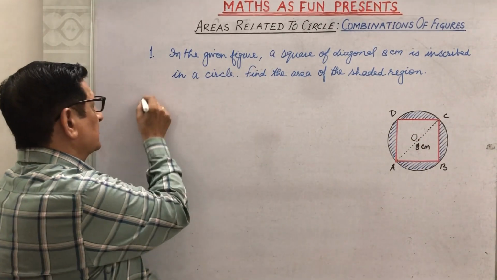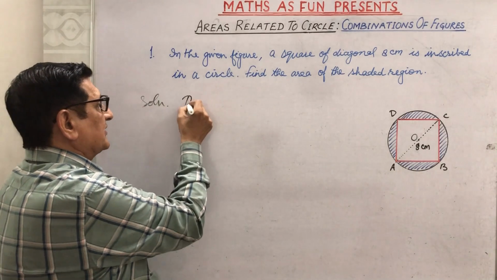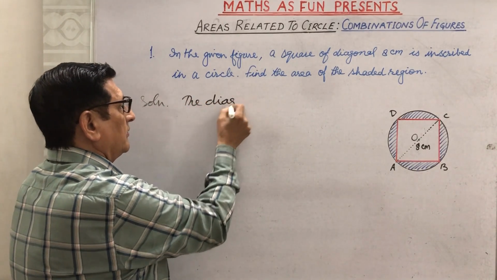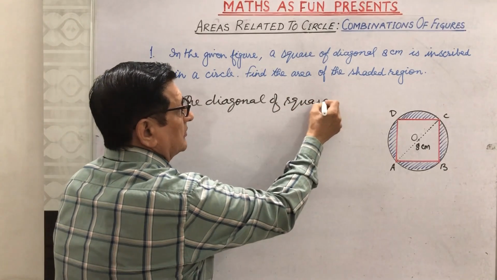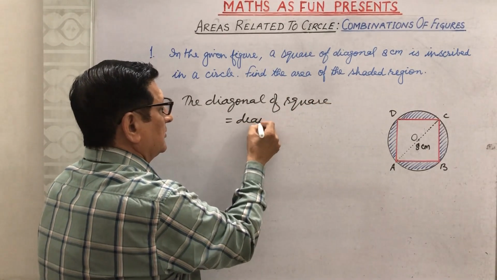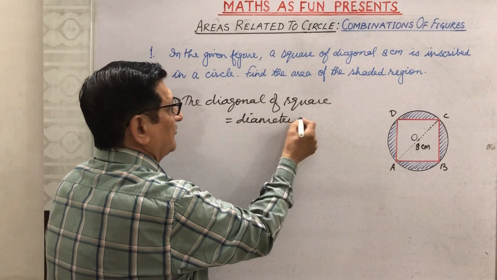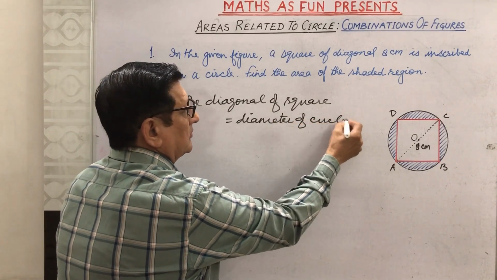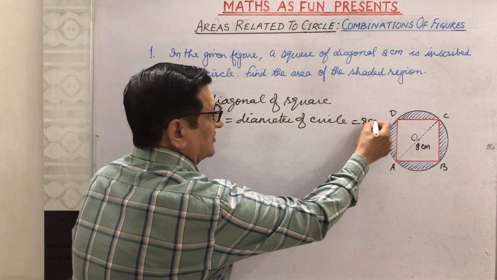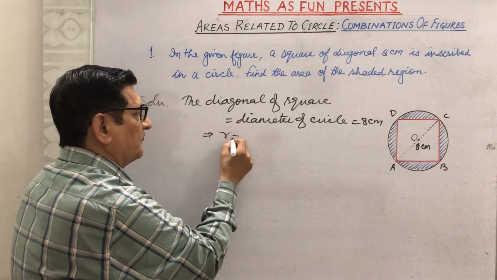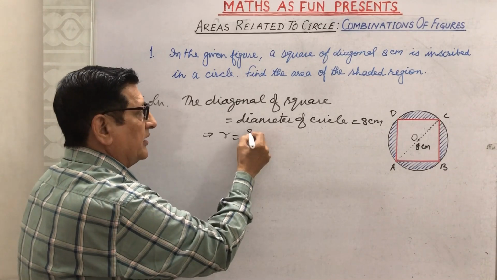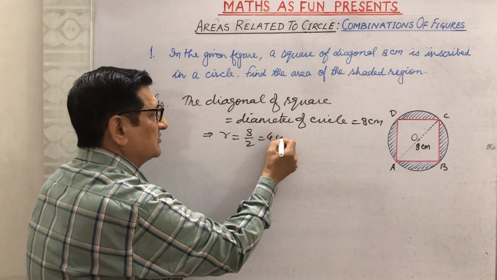So we can say for the solution that the diagonal of square is equal to the diameter of circle, that is equal to 8 cm. It means the radius of circle will be 8 by 2, that is 4 cm.